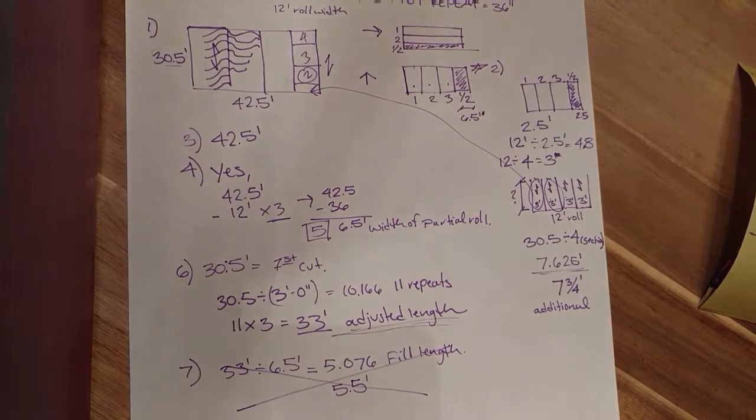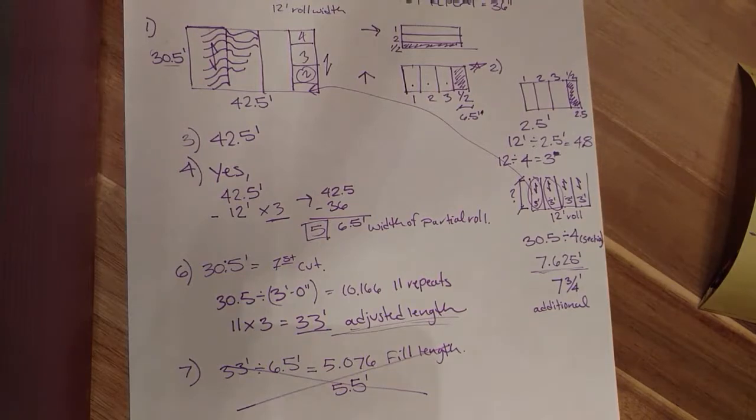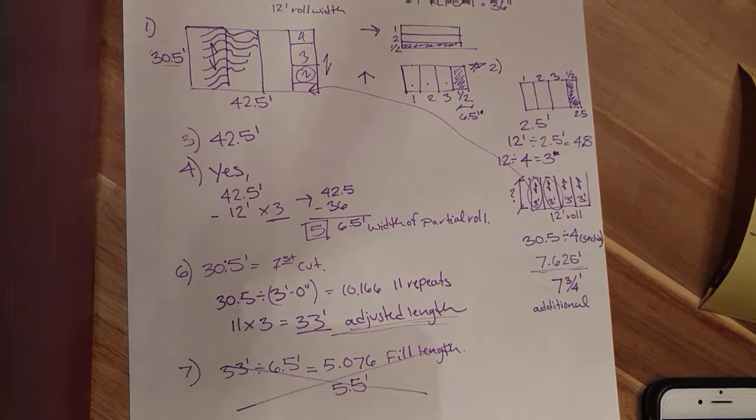And so that would just be plus 33, plus 33, plus 33. And that equals, let me get out my calculator real quick here, 30.5 plus 33 plus 33 plus 33 equals 129.5. And this is lineal feet that we are ordering here.